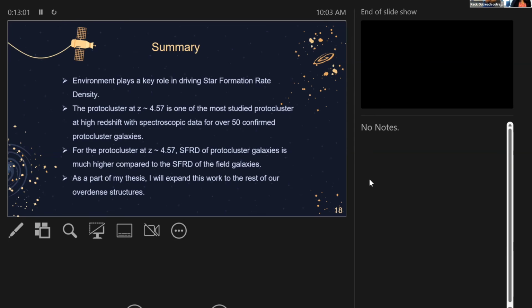But if you look at the color diagram, which basically tells us whether these galaxies are red or blue, which is one of the criteria to define if galaxies are dead, quiescent, or forming stars, we see that inside our protocluster, all the galaxies are forming stars. So we cannot look directly at the morphology of galaxies, at least using the data we have, but that's the general trend we've seen.